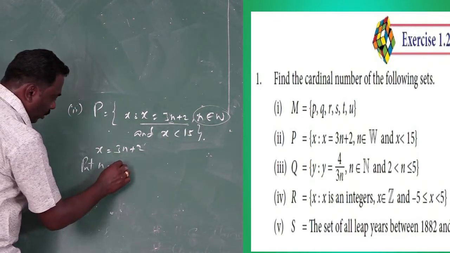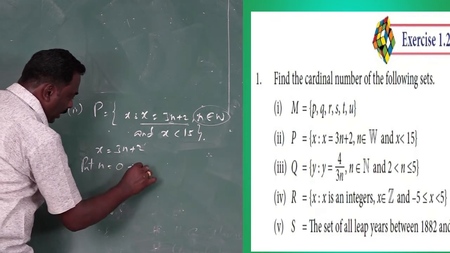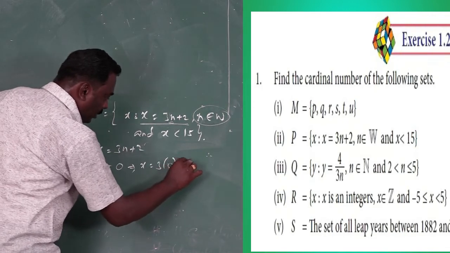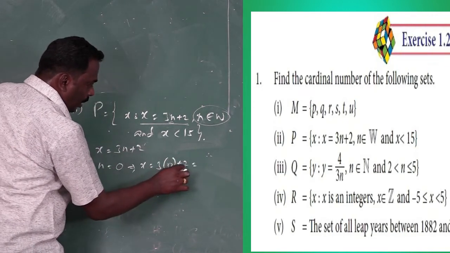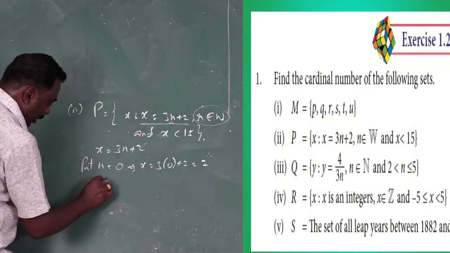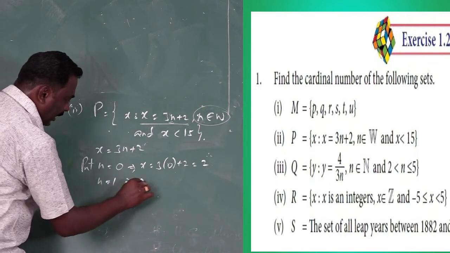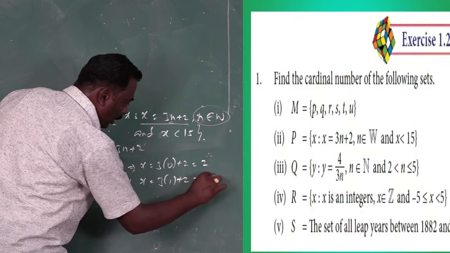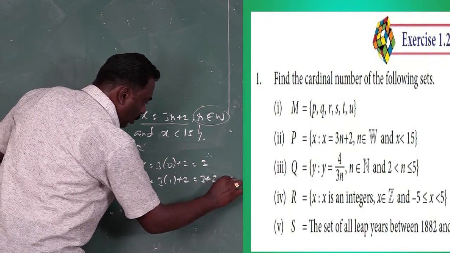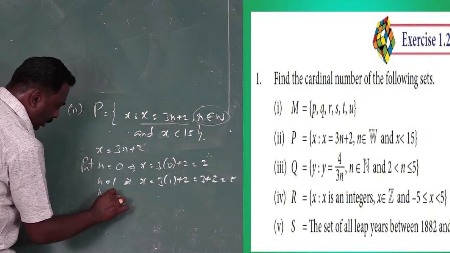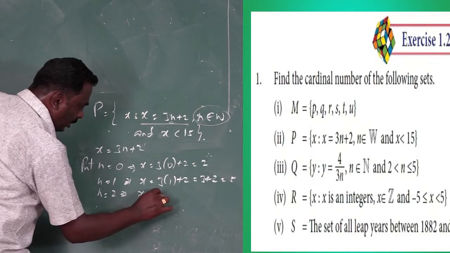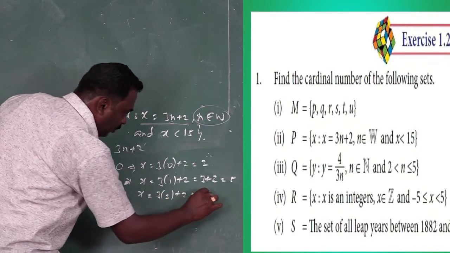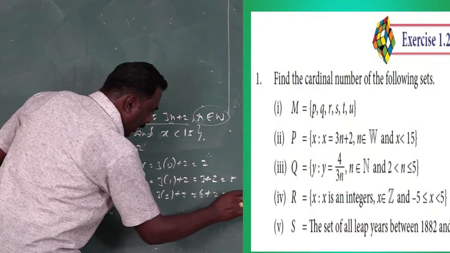First put n = 0, which implies x = 3 × 0 + 2 = 0 + 2 = 2. Then put n = 1, which implies x = 3 × 1 + 2 = 3 + 2 = 5. Then put n = 2, which implies x = 3 × 2 + 2 = 6 + 2 = 8.